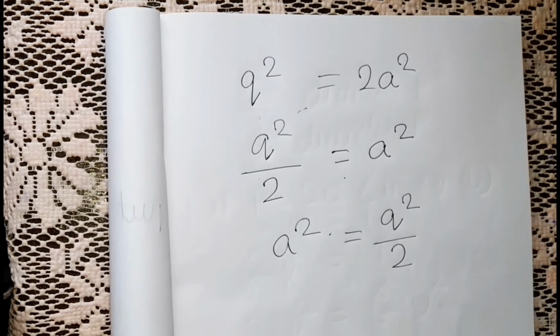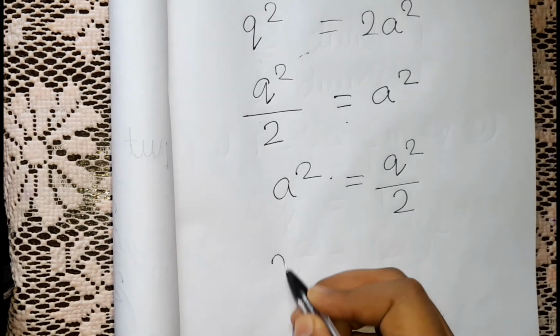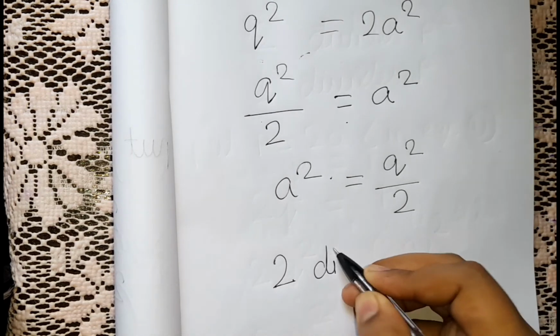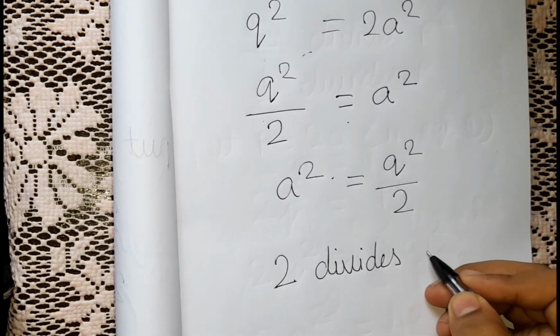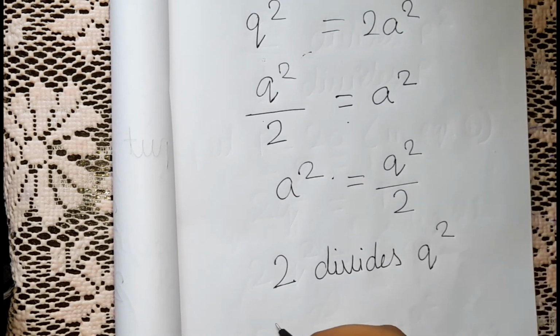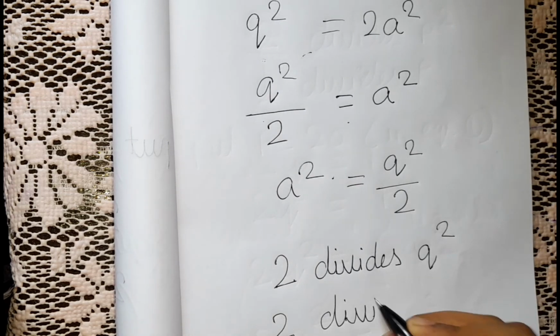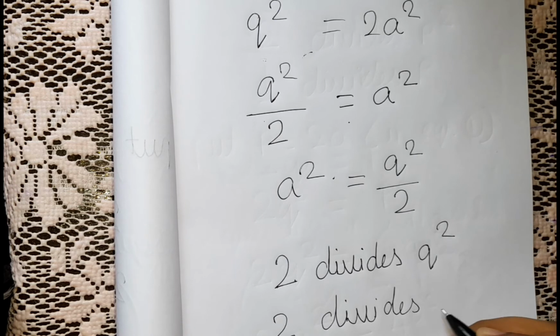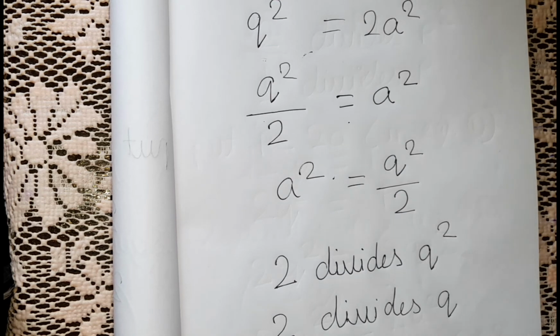Now, let us write 2 divides q square and 2 divides q. We are writing q, that is because in this question it is mentioned irrational, but in the answer, in the first step I just wrote rational number.